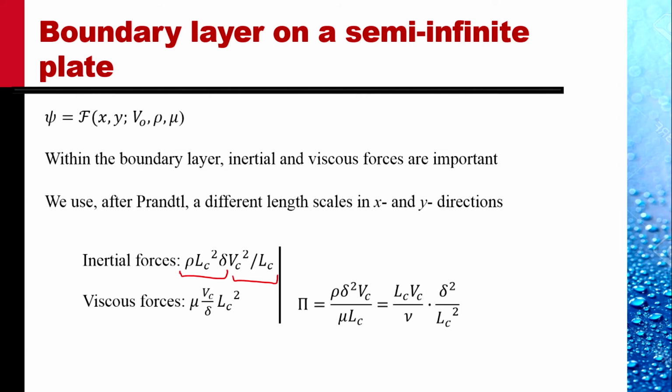In the x and in the z direction, which is normal to paper, that's into the plate, the characteristic length is Lc, and we use delta, the boundary layer thickness, as yet unknown, to be the characteristic length in the y direction. So the volume is now like Lc square times delta.